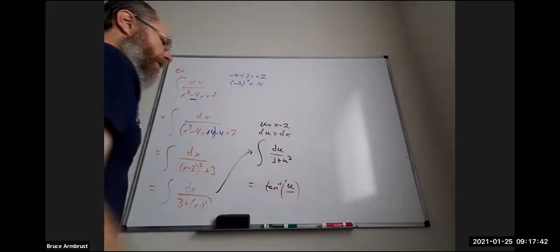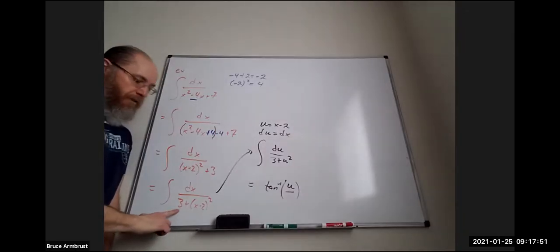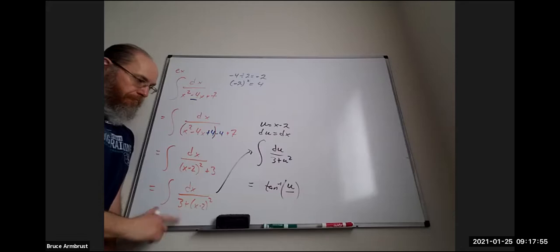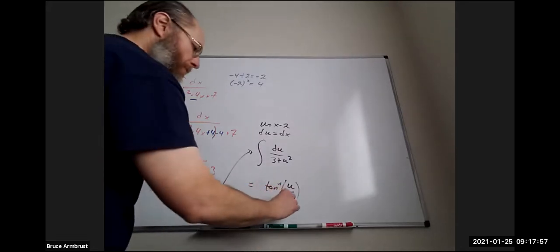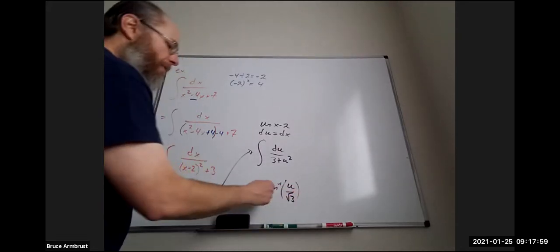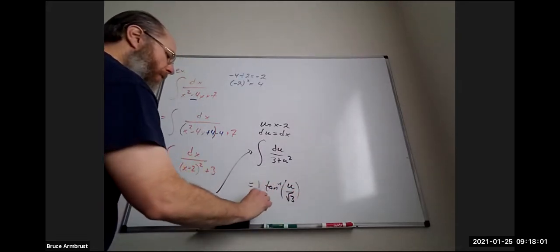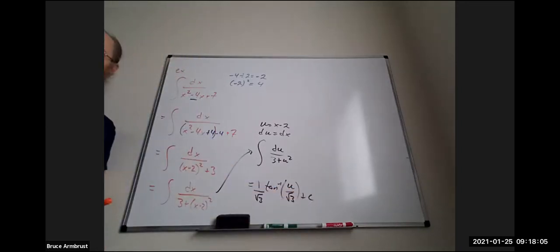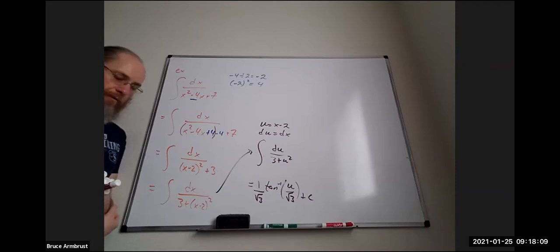But in that inverse tangent, I need u over a. And the a is the square root of this guy right here. So it's going to be u over root 3. And then the other thing we saw with the inverse tangent is we need a 1 over a out front. So this is going to be 1 over root 3 times inverse tangent of u over root 3 plus c.